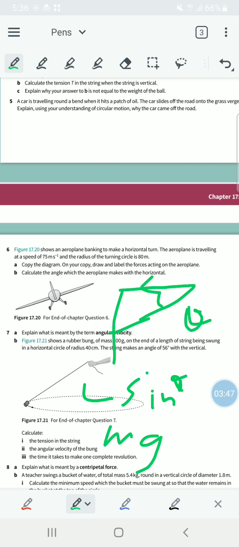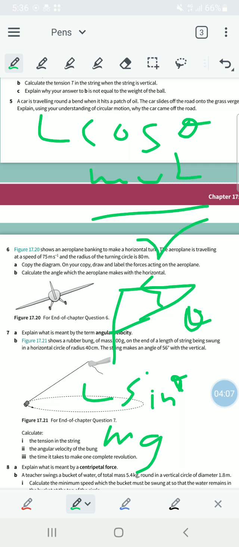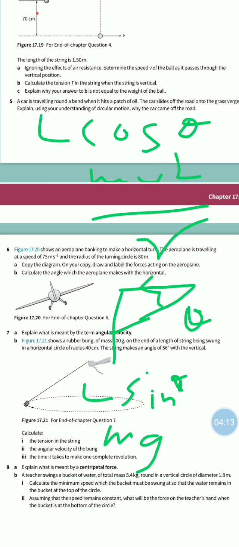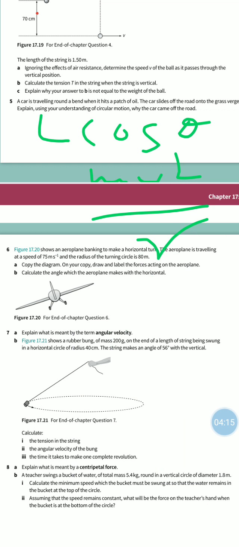Horizontally you would have L cos theta, where L is the lift. L cos theta is equal to F. That is what gives the centripetal force. That is mv squared upon r.